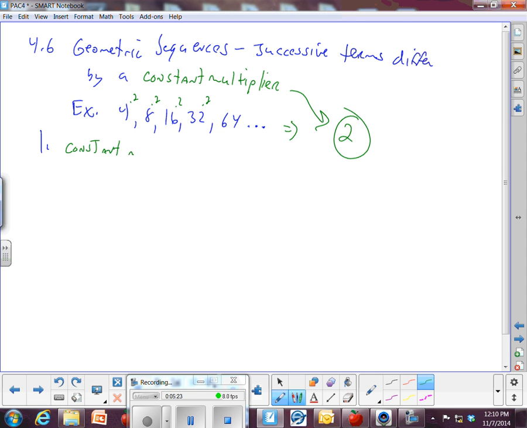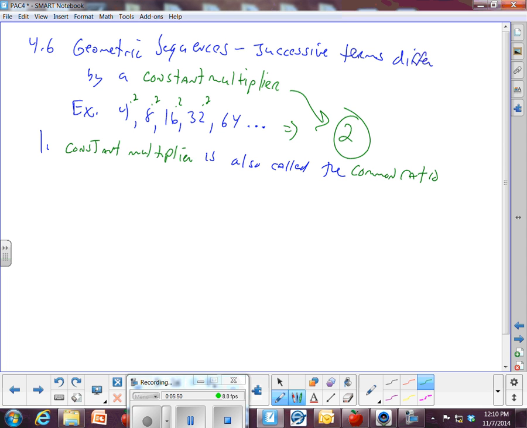The constant multiplier is also called the common ratio.